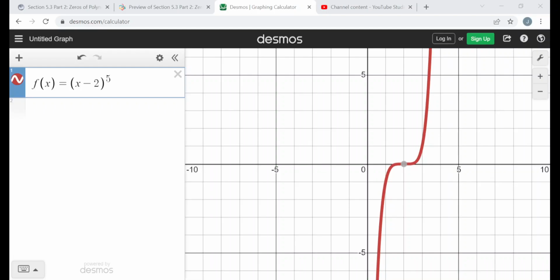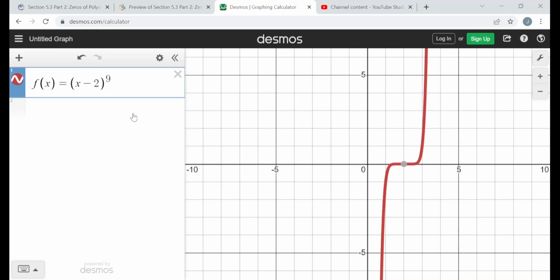And again, back to my page, see there's the multiplicity of 5 for x equals 2. Now if I have a multiplicity of 6, and then look, 8, 10, you see how the graph bounces off. It's got an even multiplicity, but definitely wider and flatter near that 0. And then if I go with odd powers, 7, see how it crosses over, but it's pretty wide and flat near the 0.